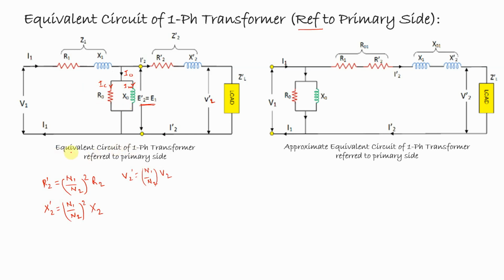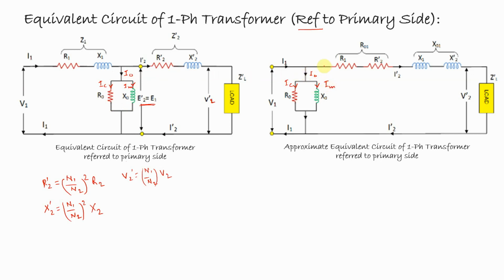It is the equivalent circuit of the transformer referred to primary side, and this is the approximate equivalent circuit. The only change made here is that this parallel part of the circuit is transferred to the beginning. So it will be I naught, here it will be IC, IM.